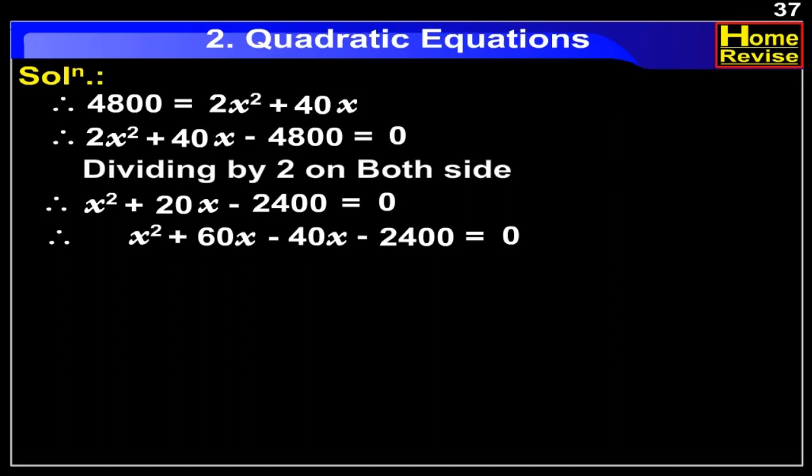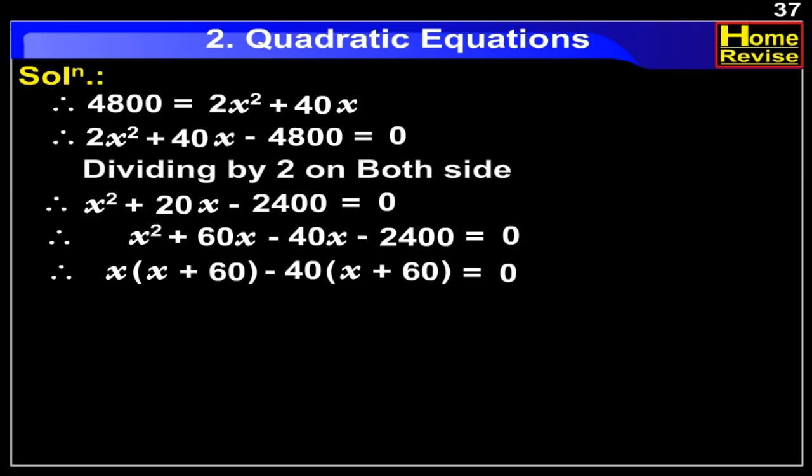Now, taking out x common from the first two terms, we have x in bracket x plus 60, and taking out minus 40 common from the next two terms, we have minus 40 in bracket x plus 60 is equal to 0.